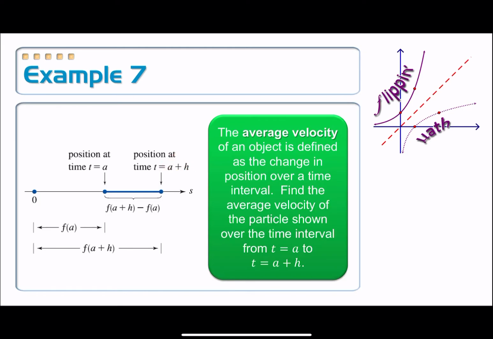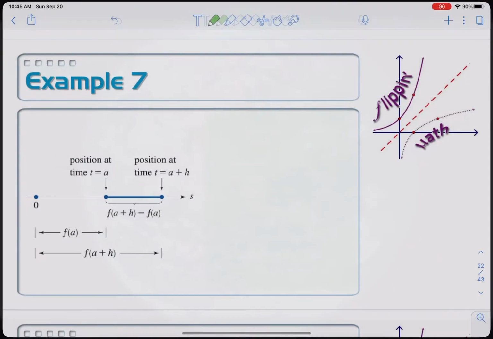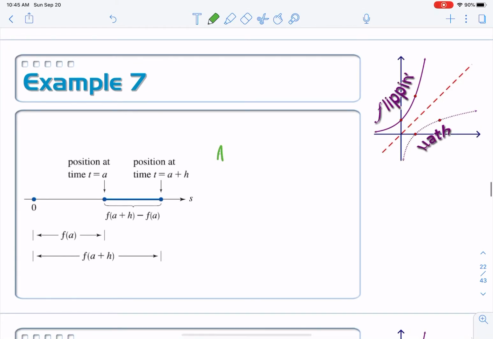Let's go ahead and find, for this particular instance, this average velocity. All right, so for average velocity, it is basically the change in position over the change in time.